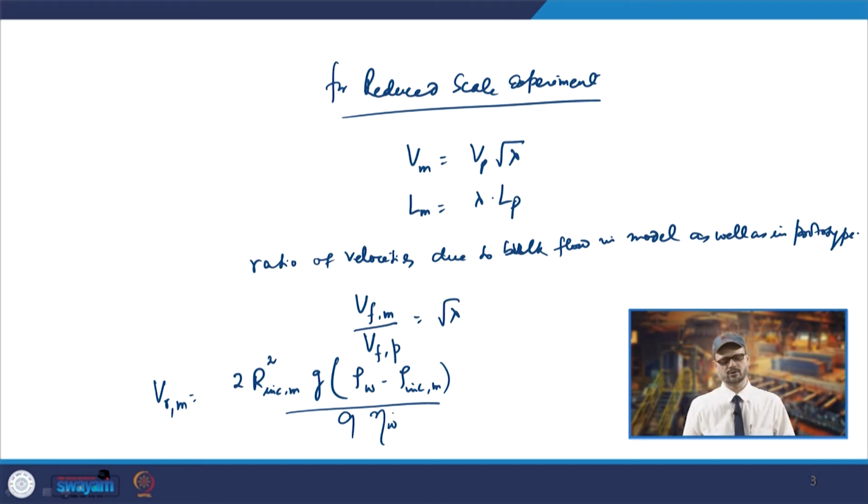So, that is your VRM, the Stokes rise velocity for the model.